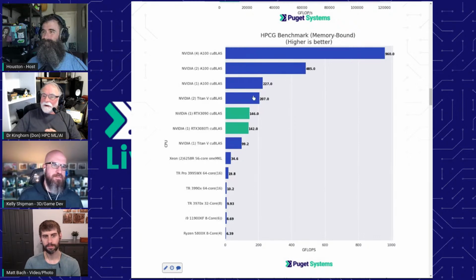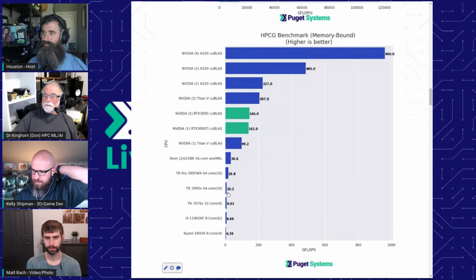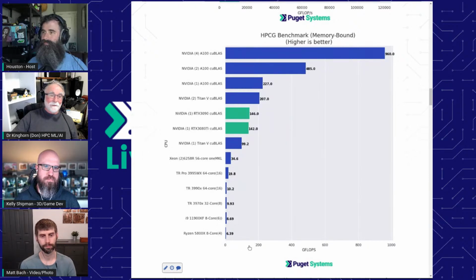But anyway, here again, the memory performance on GPUs is killer. HPCG is the classic benchmark for memory-bound code, and you can see how much better these GPUs are than the little teeny bars down towards the bottom, which are CPUs. The GPU GDDR memory is just fantastic. It's really, really fast.